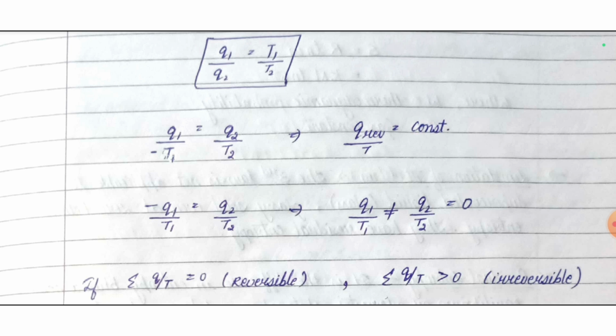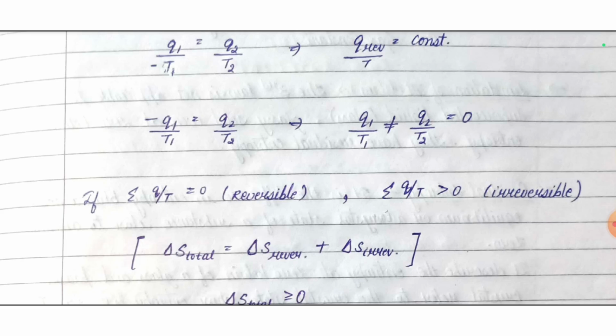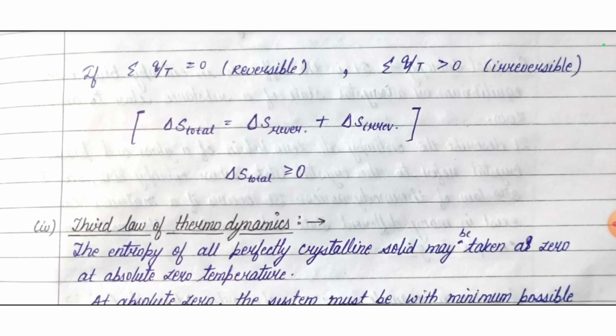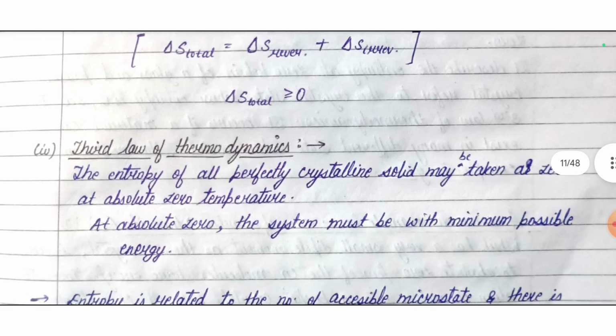Minus Q1 by T1 plus Q2 by T2, that is, Q1 by T1 minus Q2 by T2 equals 0. If summation Q by T equals 0, the process is reversible. If summation Q by T is greater than 0, it is irreversible. Delta S total equals delta S reversible plus delta S irreversible. So delta S total is greater than or equal to 0.